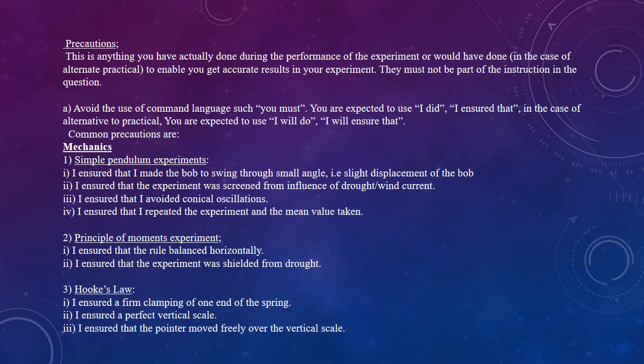You can see that when you're doing principle of moments experiments, or when it has to do with Hooke's law, as we move on, you're going to be seeing other experiments.